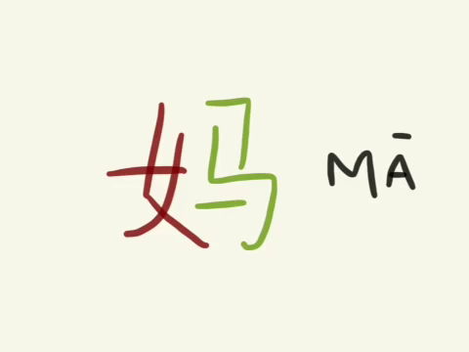The component here, component part, is actually the horse component, rather than the radical. The female element here is the radical of the character. It gives us a meaning. The phonetic element of the character here, the ma, is giving us an indication of what the sound would be.